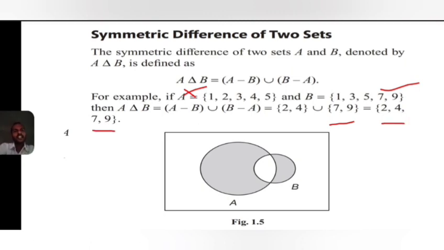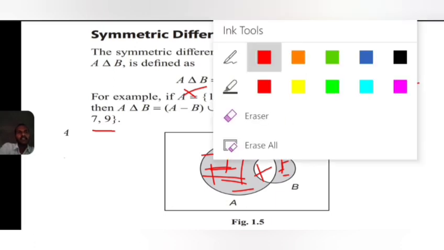In the Venn diagram, it is clearly shown: set A consists of 2, 4 and set B consists of 7, 9. There are no common elements, right? This region is not considered. Only 2, 4, 7, 9, right?